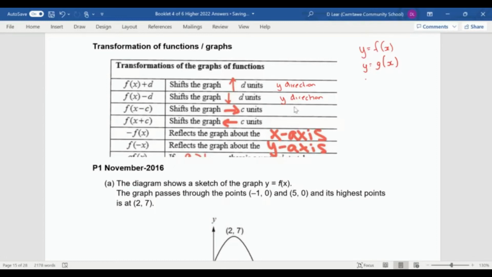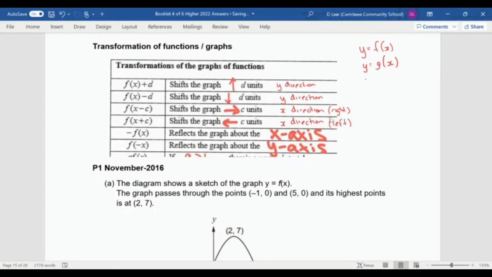A negative shifts to the right. So it's a change in the x direction, but it's to the right. And the flip of that is you'd expect plus a number in the bracket to move you right, but it actually moves you left. So again, it's in the x direction, but it's left.